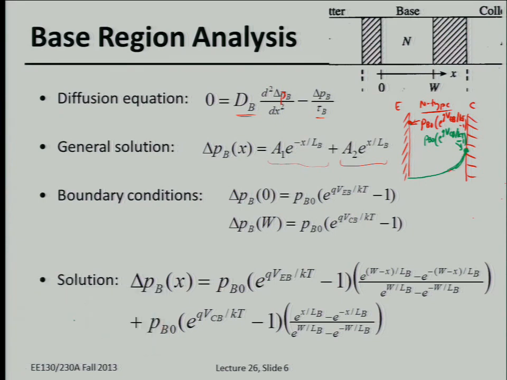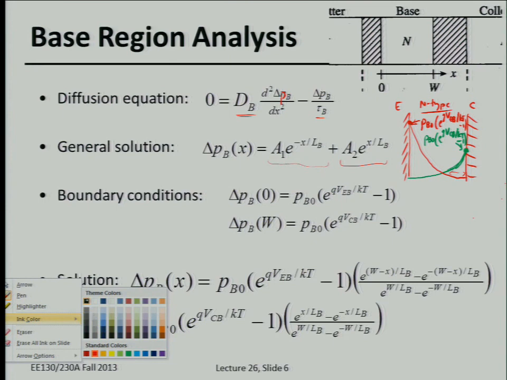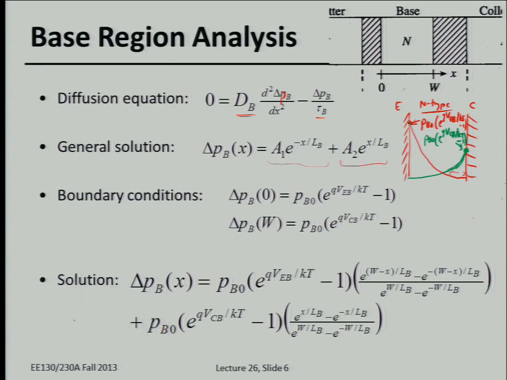So if the diffusion length is roughly this distance, then this thing should die out within that distance as well. Okay, so both junctions in this case are injecting holes into the base, and you just basically end up with something that is essentially the sum of these two.